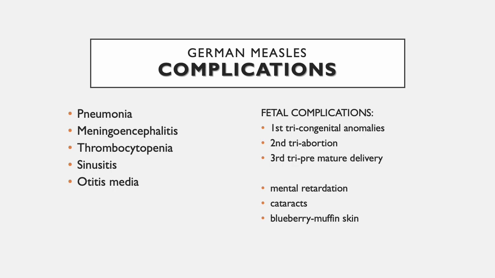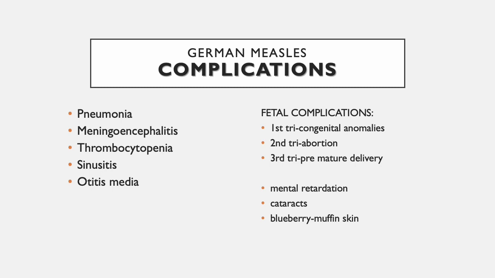Now, one thing na very significant for German measles is that it's maternal and fetal complications. So, kapag yung buntis nagkaroon ng German measles, there are many complications. If the infection happened during the first trimester, now, it can lead to congenital abnormalities.